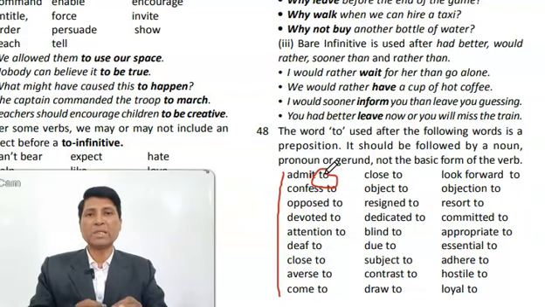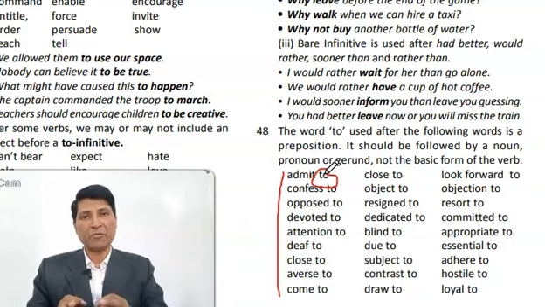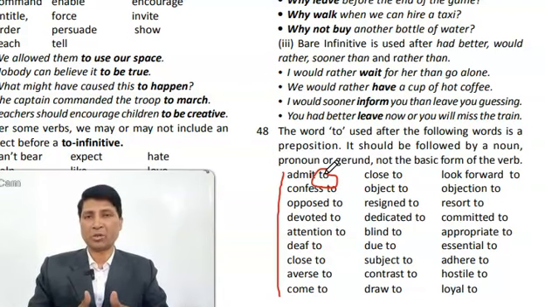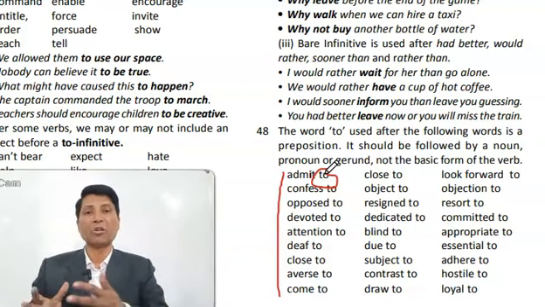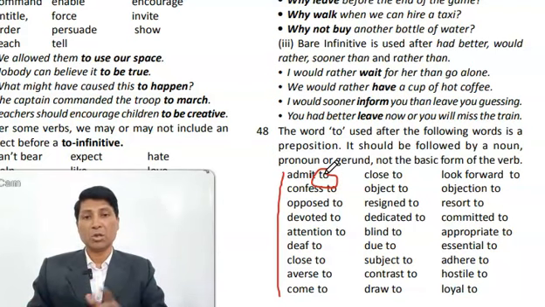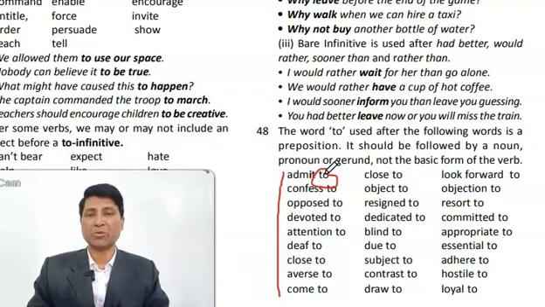And when "to" is used as a preposition, it will not be followed by the basic form of the verb. It can be followed either by a noun, pronoun or a gerund. You must have studied that a preposition is a word that comes before a noun or pronoun and shows its relationship with some other word in the sentence. So here "to" is a preposition, not a particle which is used before the infinitive.